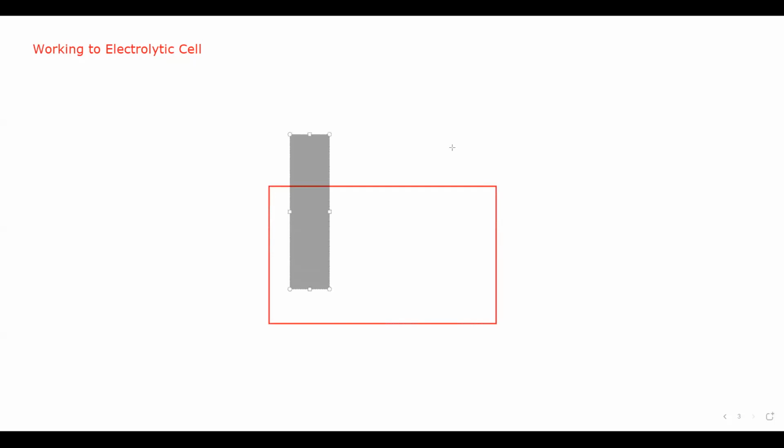So for an electrolytic cell, first thing is the labels. For example, this is a beaker. And inside the beaker, you have two plates.